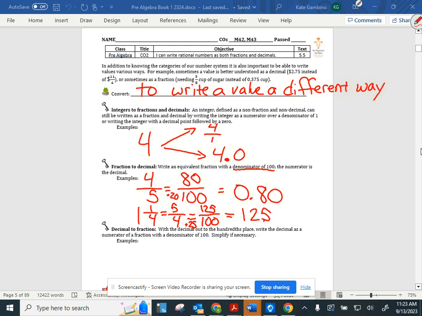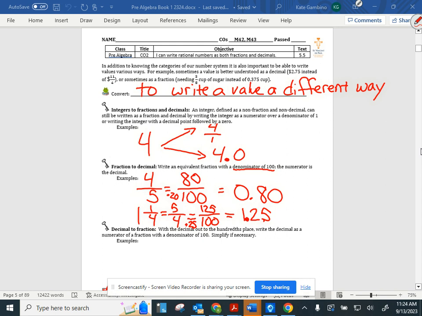So that means my 5 has to be in the hundredth decimal place. So in order for that 5 to be in the hundredth decimal place, my decimal has to go between the 1 and the 2. Because 125 is bigger than 100, I know I'm going to have a whole number.